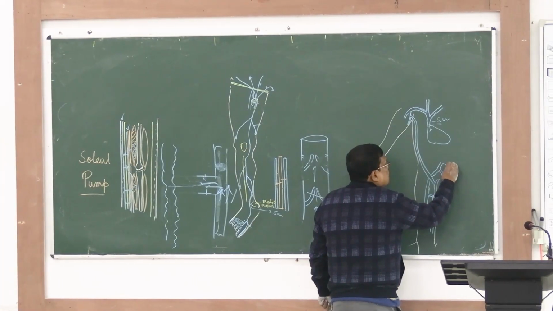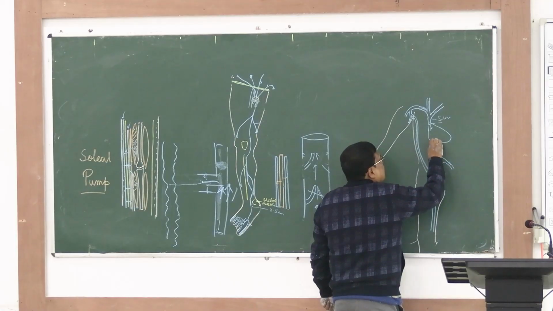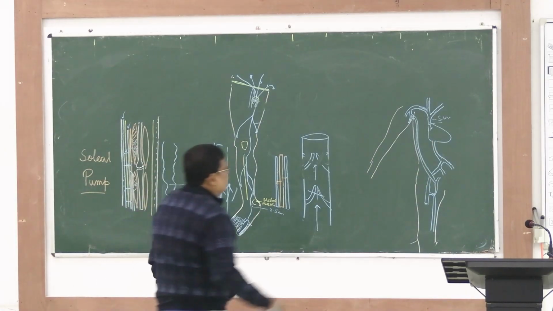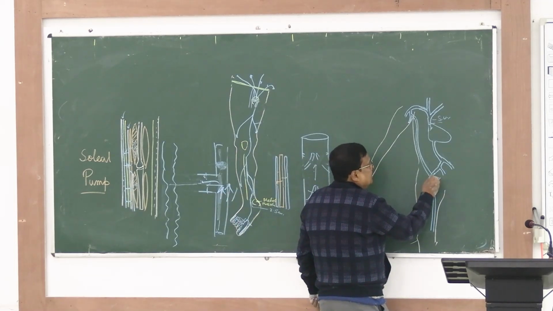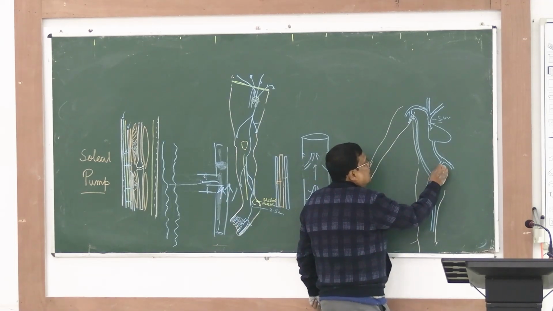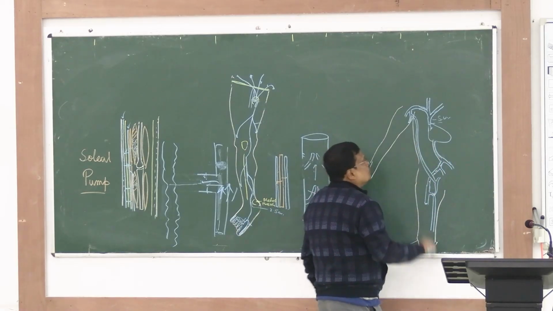Common iliac vein of the two sides form the inferior vena cava, which ultimately opens into the right atrium. তাহলে ultimately তোমার সমস্ত blood ultimately goes to the femoral vein, external iliac vein, common iliac vein, then the inferior vena cava, ultimately to the heart.